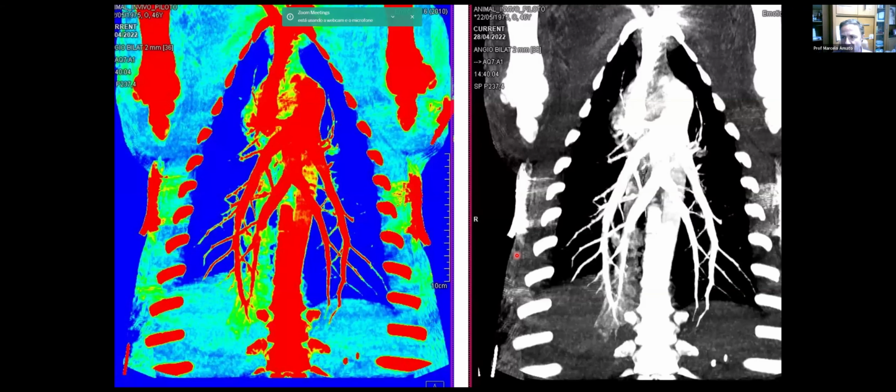Why am I talking about this? Because now let's see some recent studies that we did about perfusion. In this particular case, we did perfusion in a pig model of pulmonary emboli. This is the angiography of a vascular tree of a pig. This is the pulmonary artery.